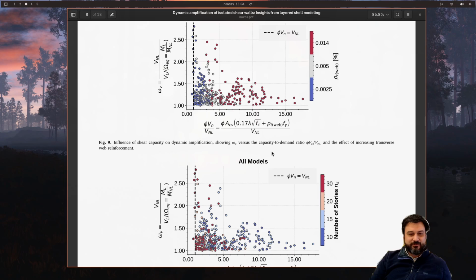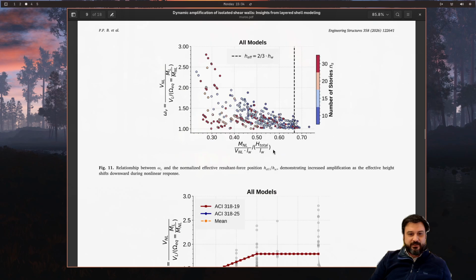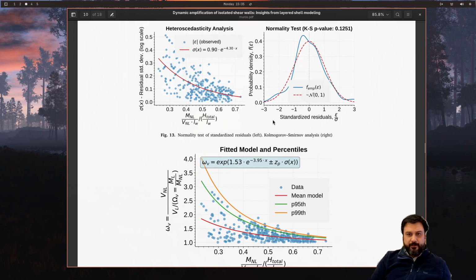Or is it this one, the one that I want to take a look at? No, this is the one, and you can see that you get kind of a reasonable spread of the points when you take a look at that. So basically, that is a much better predictor of the amplification than just the code-required story height or the number of stories.